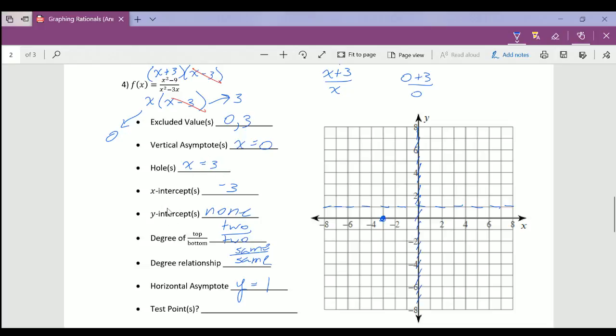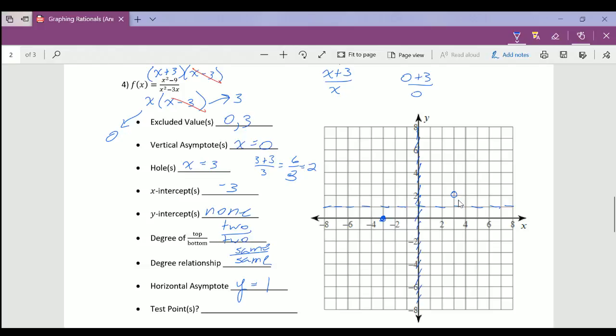I was looking here. The hole is at 3. Okay? If you take 3 and plug it into the simplified version, you do get 6 over 3, which is 2. So we know that 3 comma 2 is a hole.